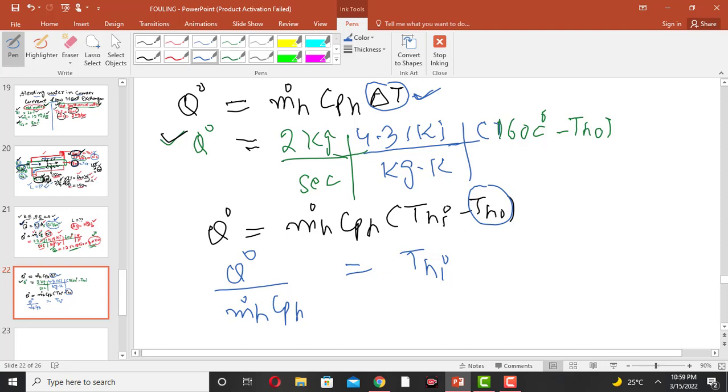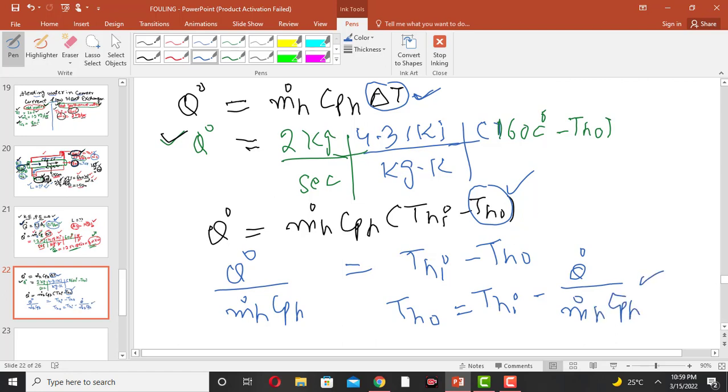So the outlet temperature can be obtained by the hot fluid inlet temperature minus the heat given by the hot fluid divided by the mass flow rate of the hot fluid and Cph. This temperature is given to us, this is given to us. So we can obtain the outlet temperature of the hot fluid.